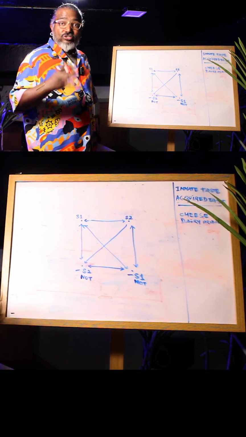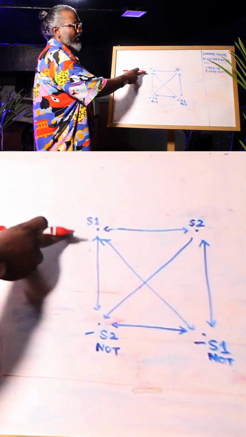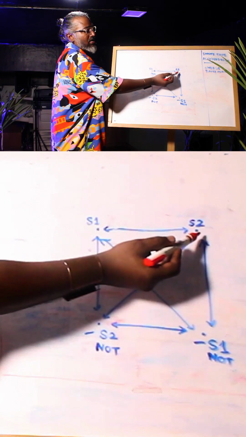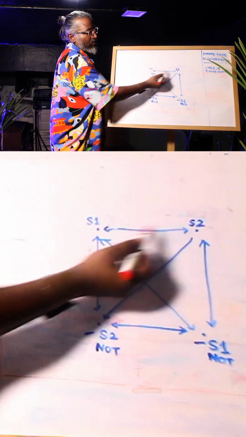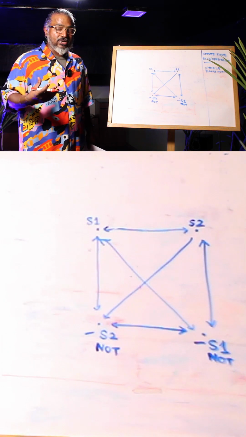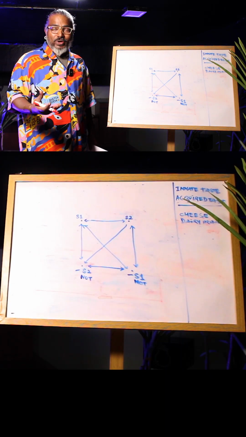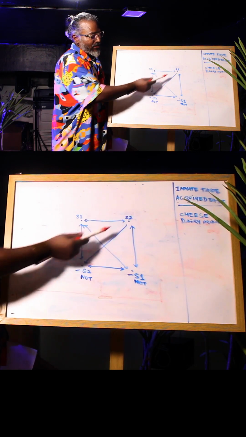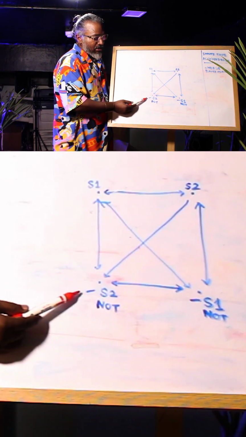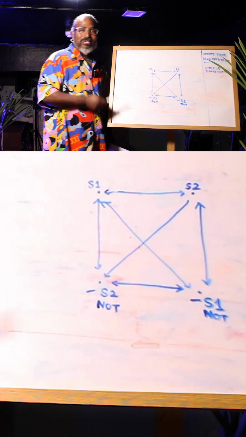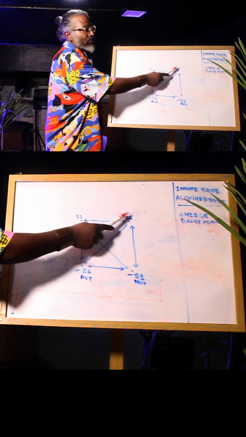Okay, let's jump in. You can see the square here: S1, S2. These are basically opposite thoughts or opposite subjects or aspects. In this diagonal, if you see S2 here, it becomes minus S2. That means not. It's negating whatever is here.